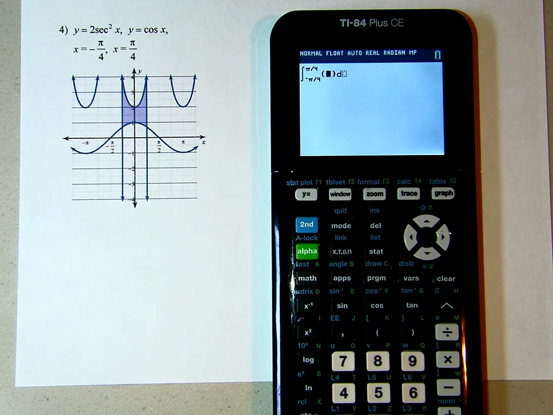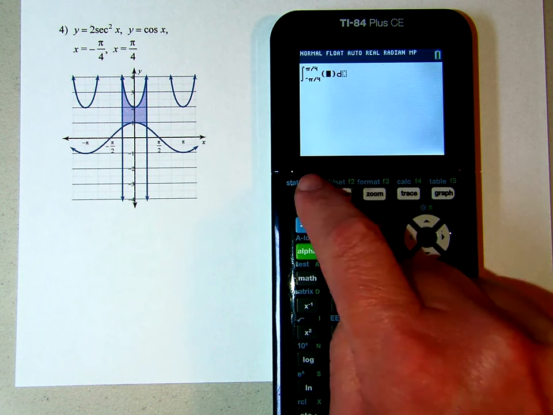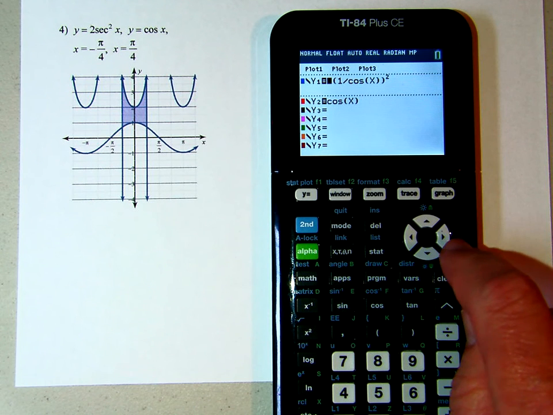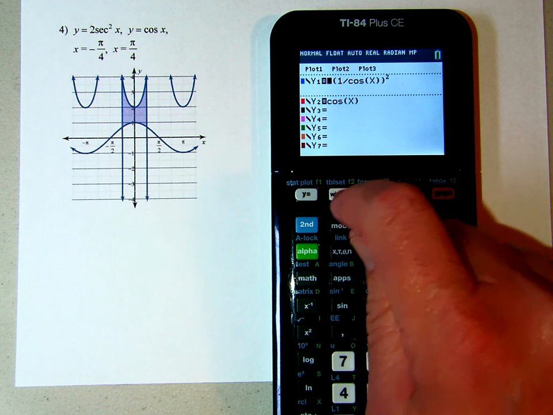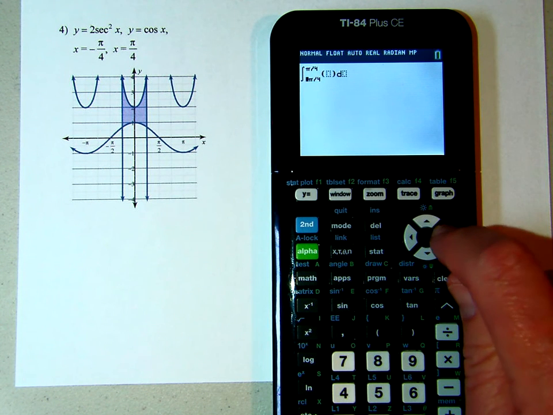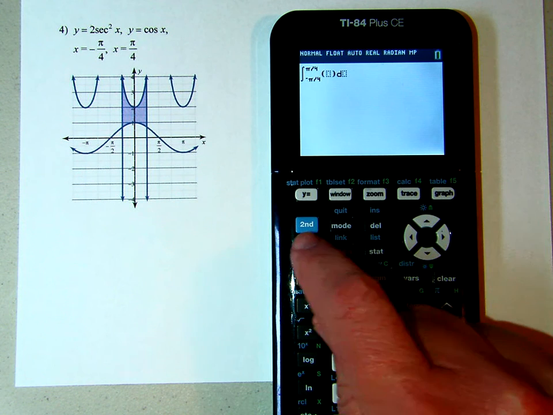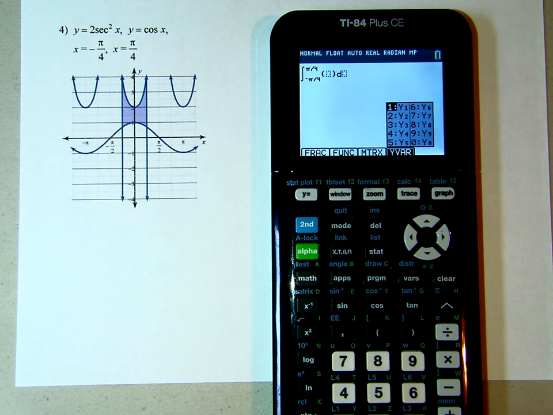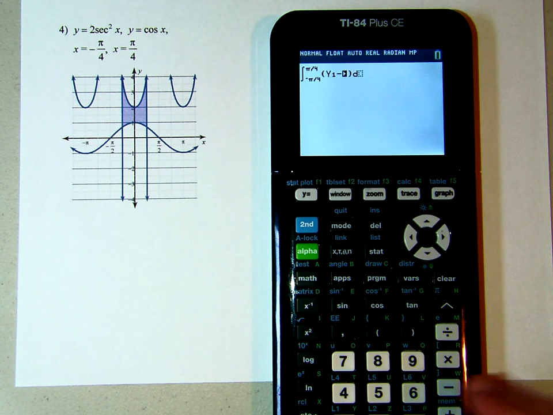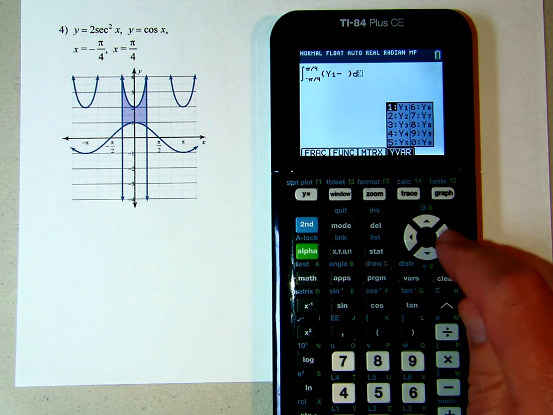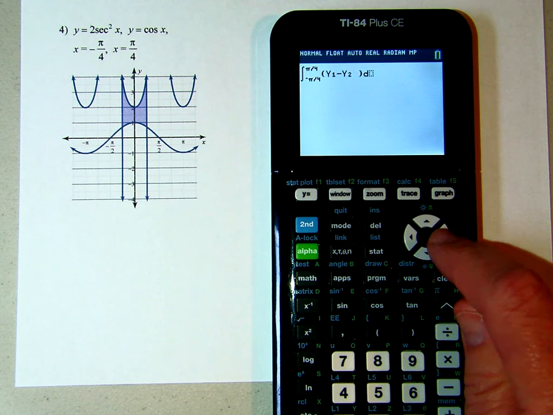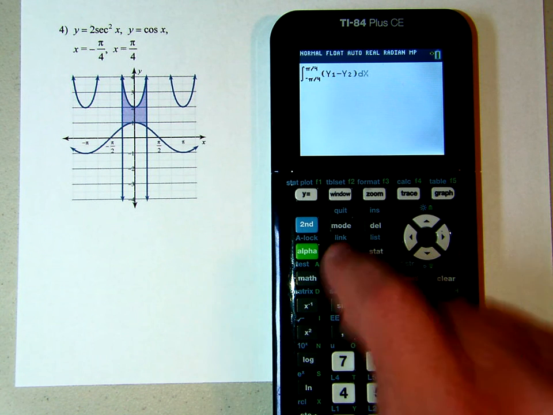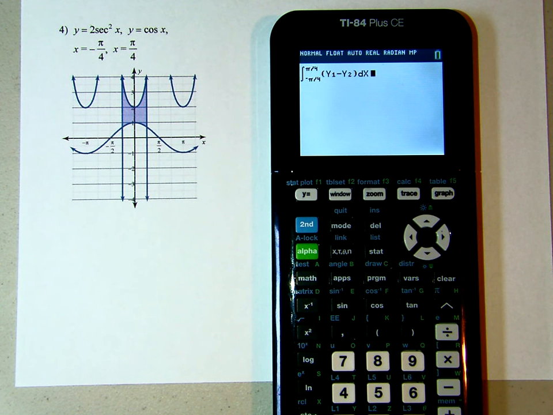And the top curve is the secant squared, which is in y1. So I'm going to go to alpha f4, choose y1, minus alpha f4, y2, and we're integrating with respect to x.